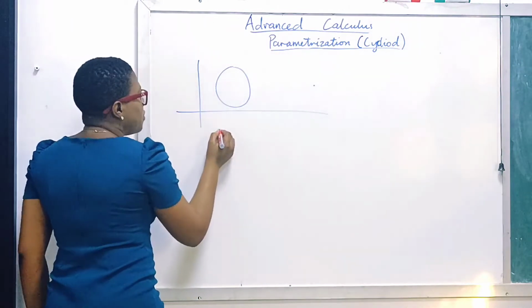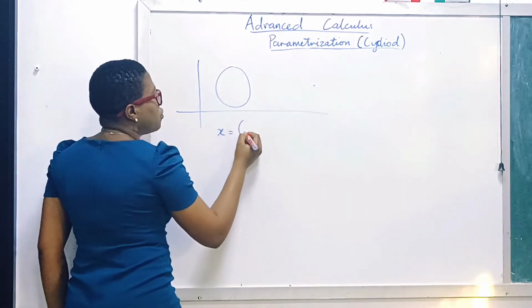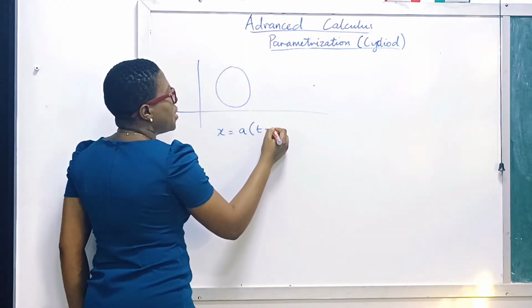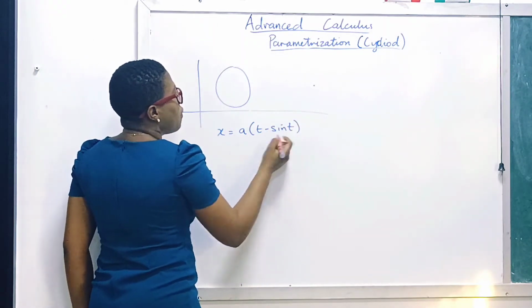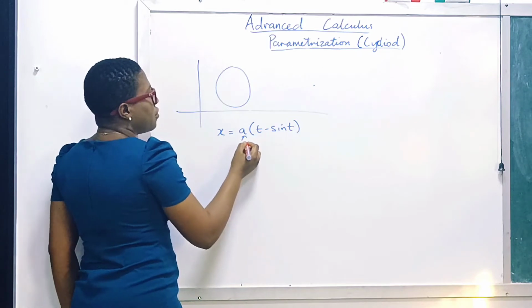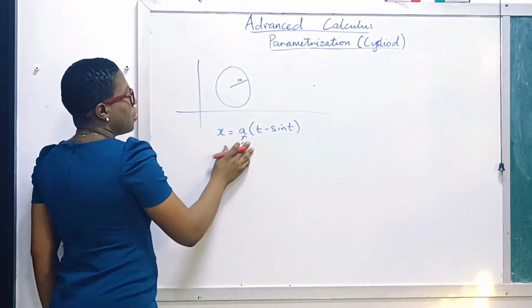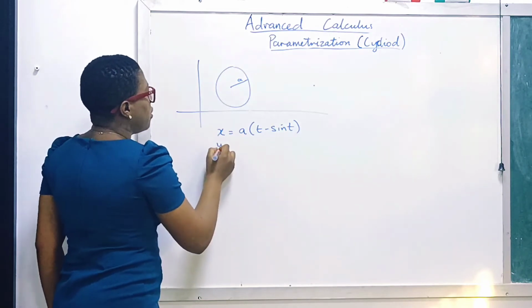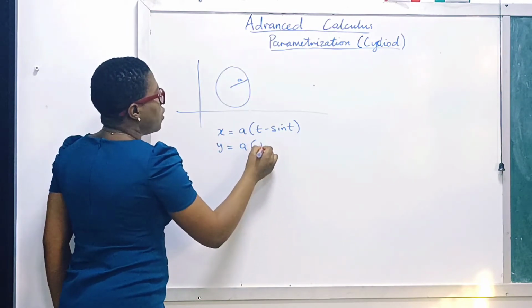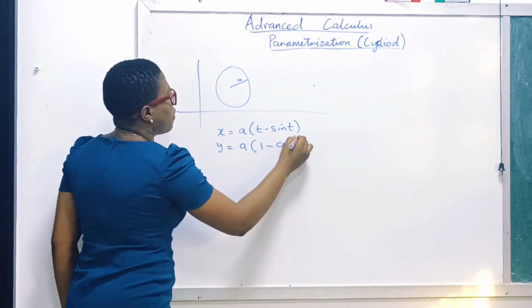The equation is represented by x equals A times (t minus sine t), where A is the radius of this wheel, and then y equals A times (1 minus cos t).